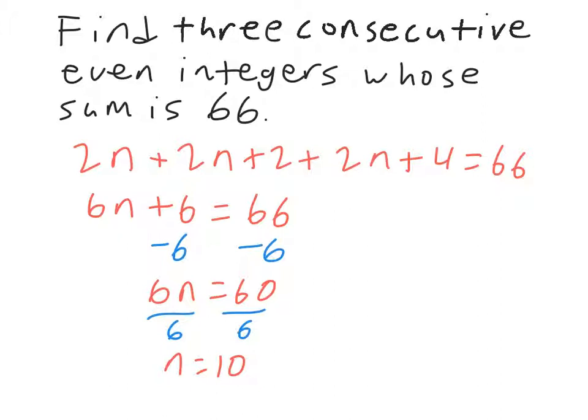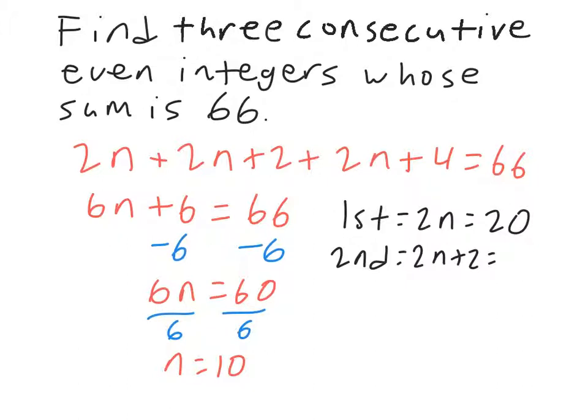So the first integer, remember, was 2n. So n is 10. So it's going to be 2 times 10, which is 20. The second integer is 2n plus 2.